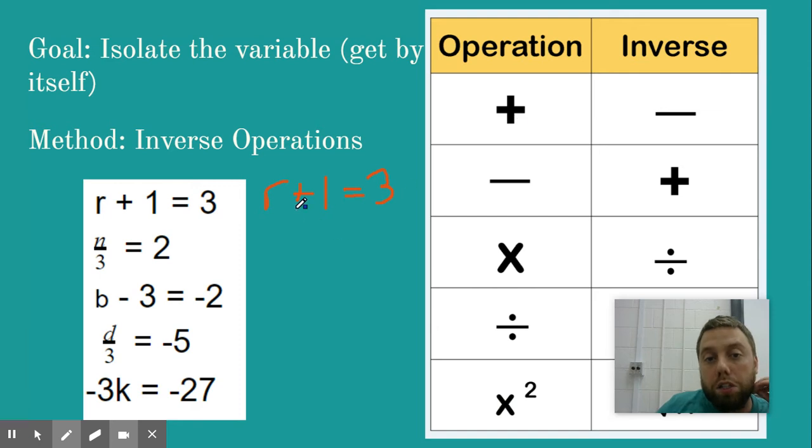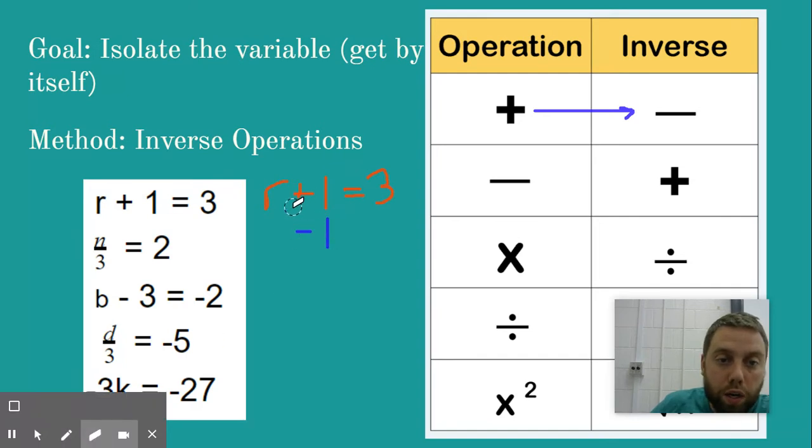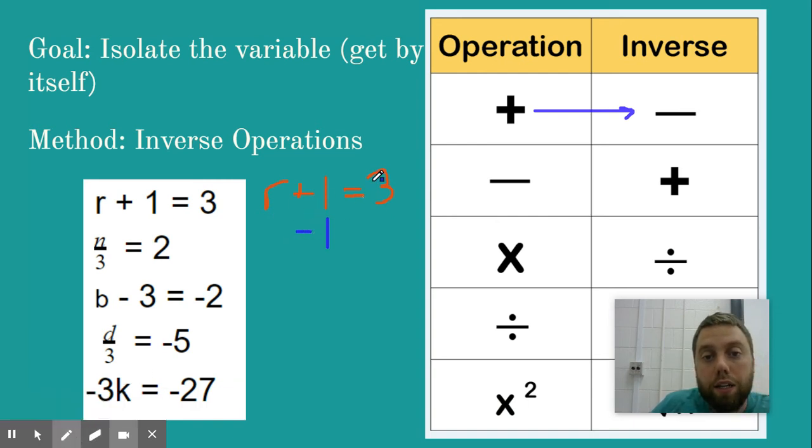If the operation here is addition, then the inverse is going to be subtraction. So if we want to get r by itself, we need to get rid of this 1. We're going to do that by subtracting 1. But we need to remember that if we do it to one side, we have to do it to the other side, right? When we have an equal sign, there's two sides. If you subtract from one side, you have to subtract from the other.